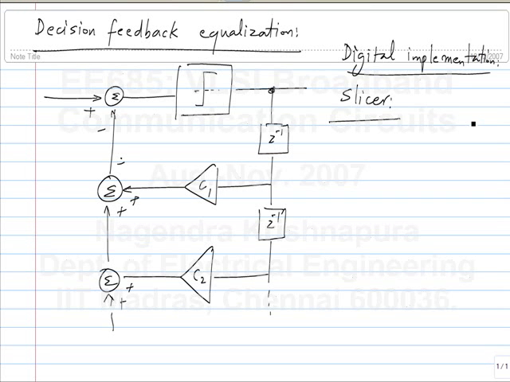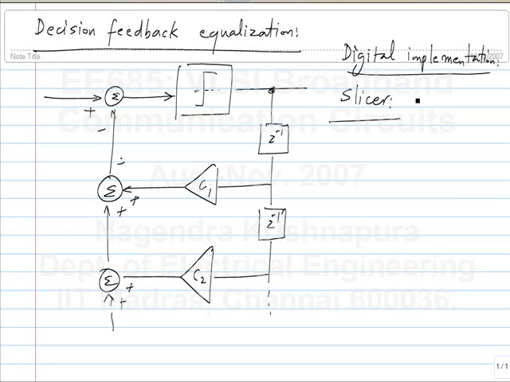The input itself is a digital word. So how do you implement that? You just look at the MSB, right? That gives you whether it is greater than or less than something. If it's a 2-level slicer, that is enough; if it is more than 2 levels, then you have to look at more bits.